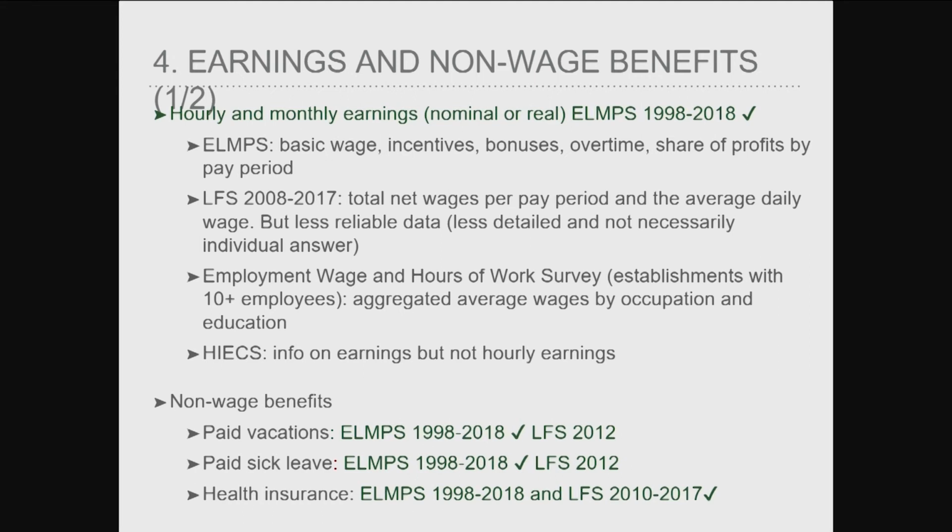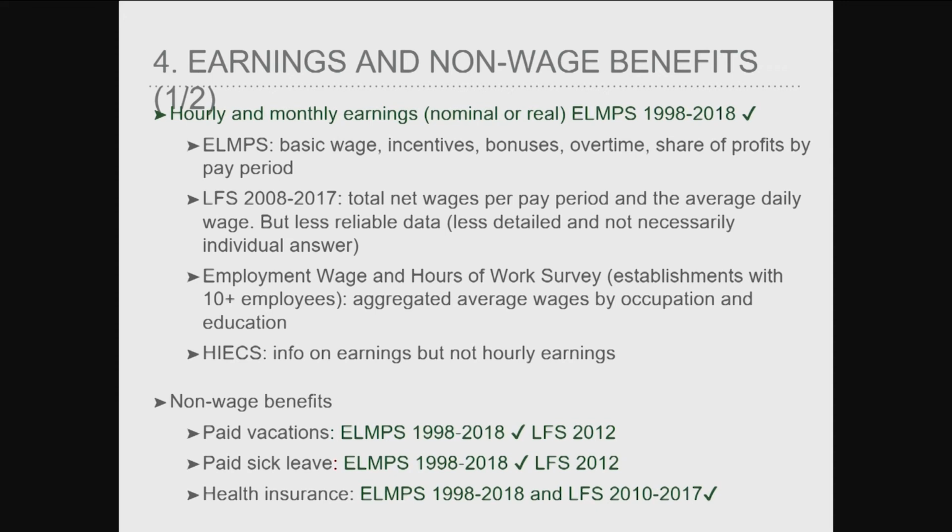And in the ELMPS, we have, as I said, detailed information on earnings. And Mona Said, Rami Galal, and Mina Sami have estimated the working poor through the ELMPS using the regional poverty lines from the HIECS, and using also dependency ratios, and using the total earnings per month.